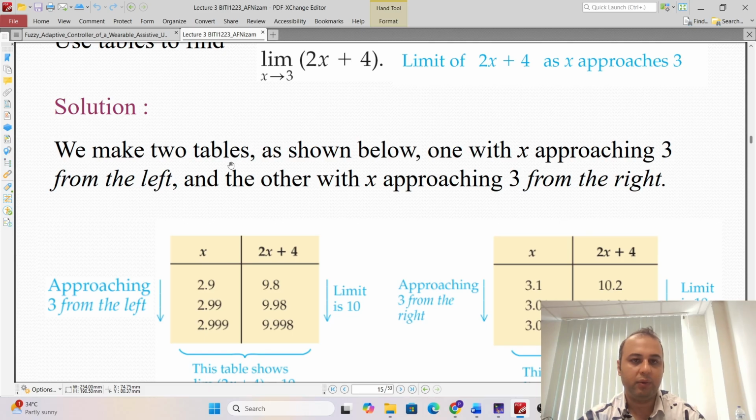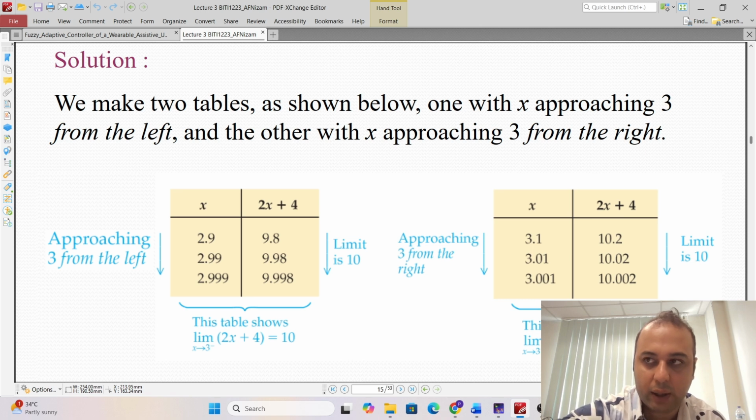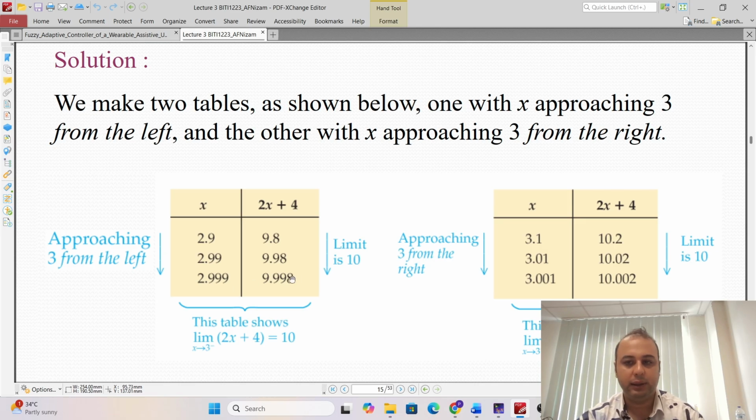So we make two tables: one table approaching from the left and one table approaching from the right. You can see the limit is 10, almost getting to 10 as we increase x. So by increasing x, you can see it approaching 10 from both left and right.